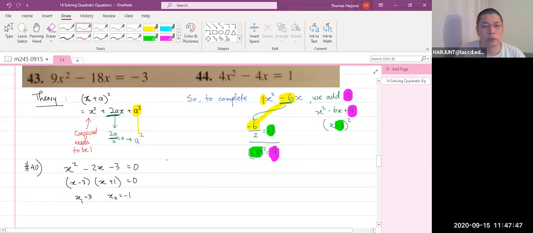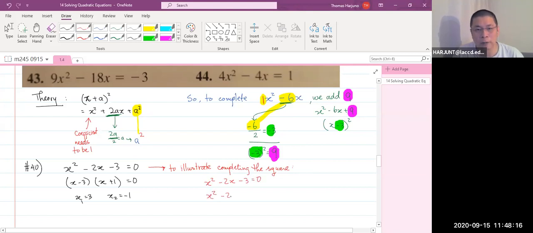But to illustrate completing the square, then we do it this way. So x squared minus 2x minus 3 equals 0. You move the constant to the other side first.